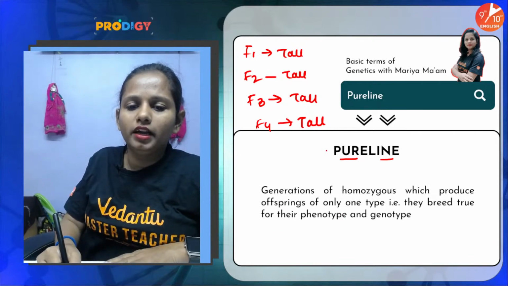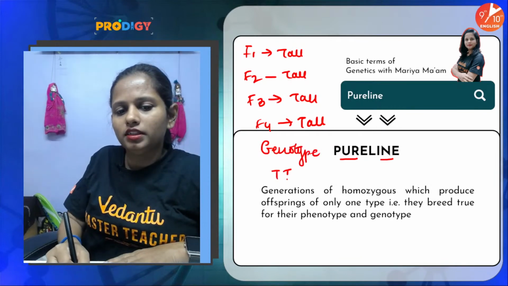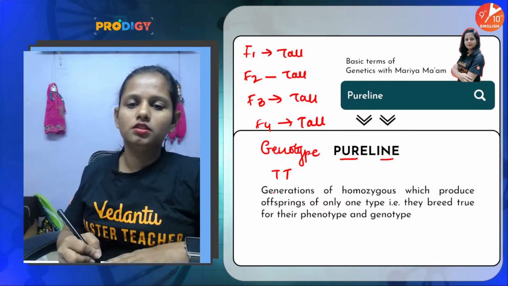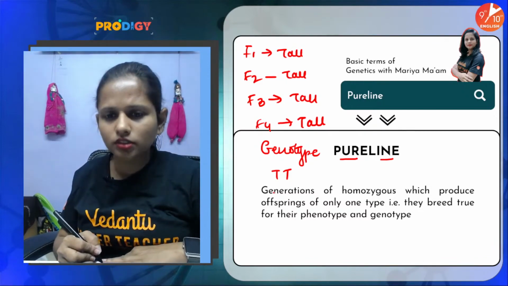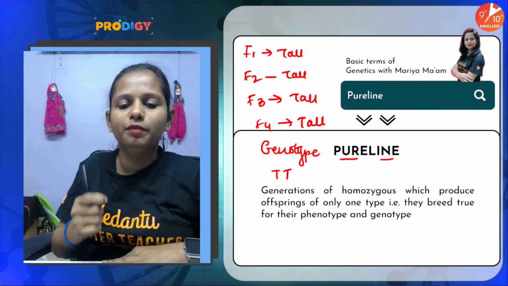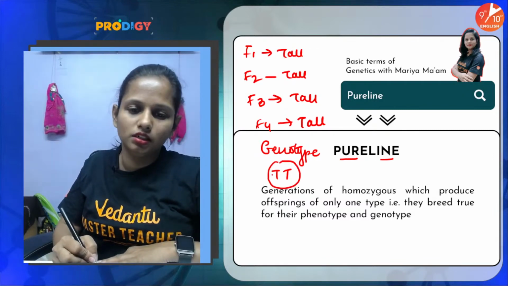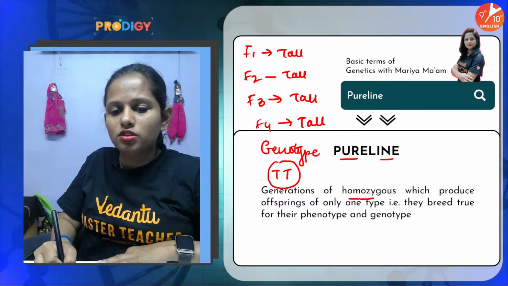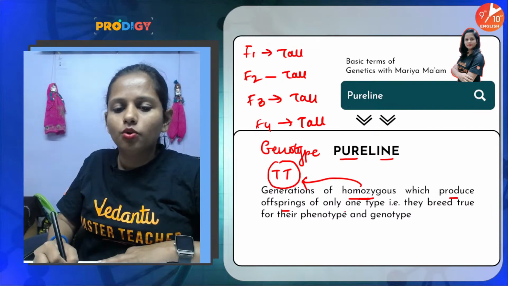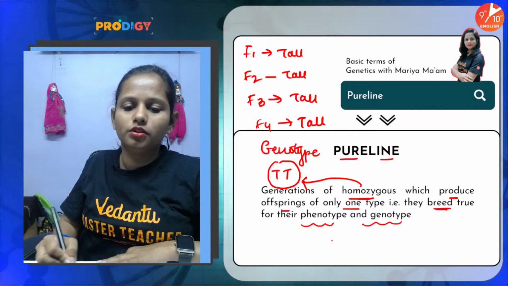So the genotype here has to be capital T, capital T. If any individual is reproducing the same trait for 3 consecutive generations, it means it's pure for that trait. It's a pure bred plant. There is no other allele present. So generations of homozygous individuals which produce offspring only of one type, that is true bred, for their phenotype as well as genotype.